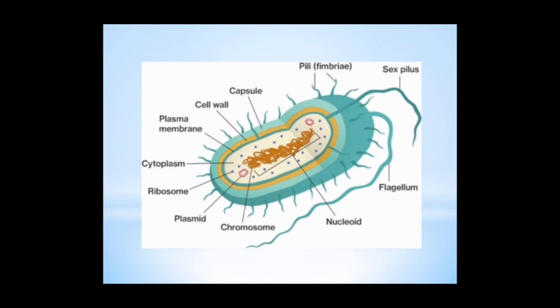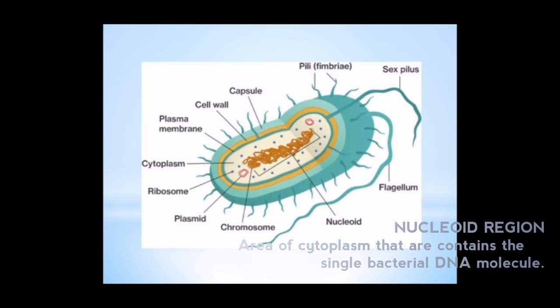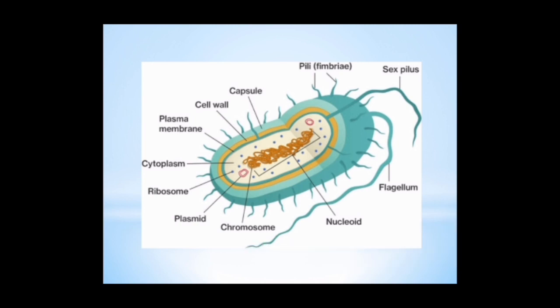So, while the nucleoid is the area of cytoplasm that contains the single bacterial DNA molecule. To put it simply, it is an area of the cytoplasm where the strands of DNA are found.